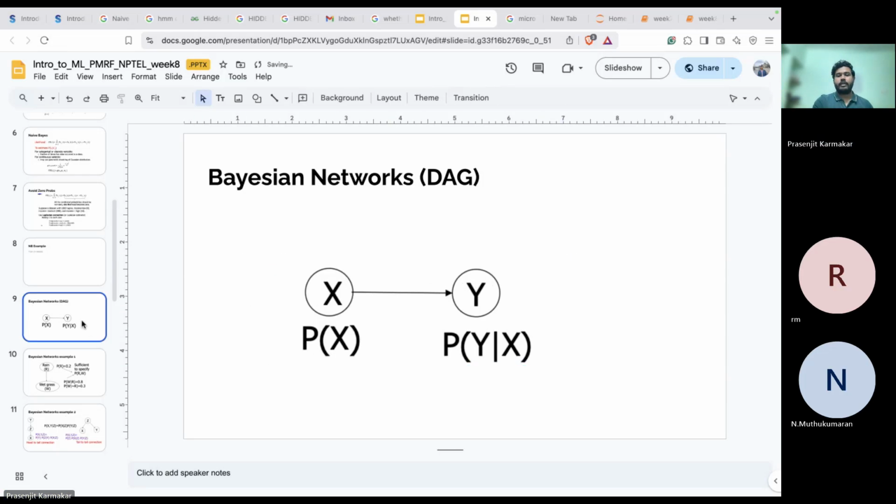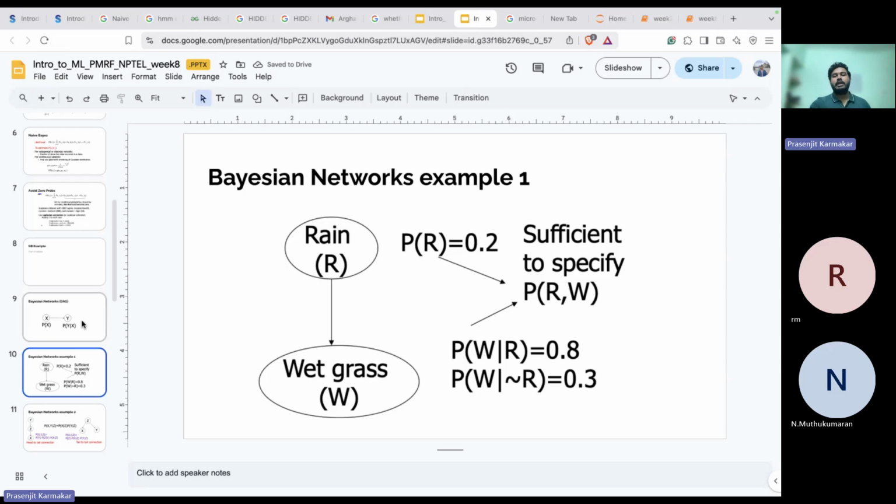Now, for example, here, rain and wet grass. The probability of rain is 0.2, and the probability of wet grass given rain is 0.8. The probability of wet grass given not rain, so if it is not raining, is 0.3. So we can represent the probability of rain and wet grass like this.